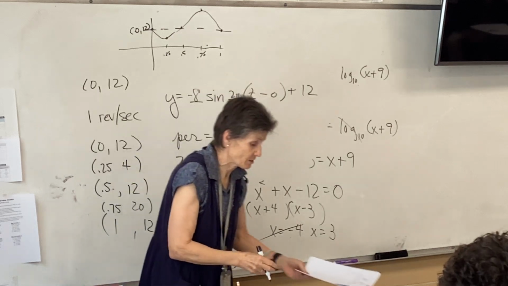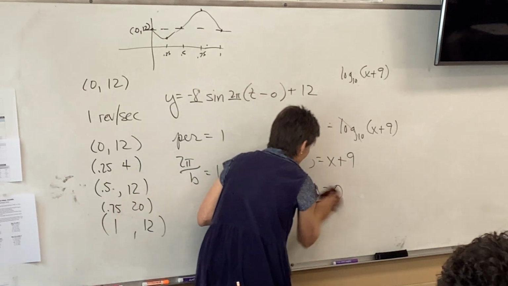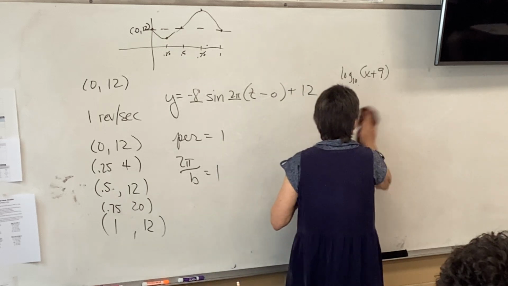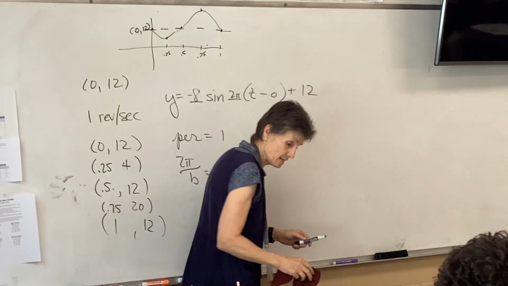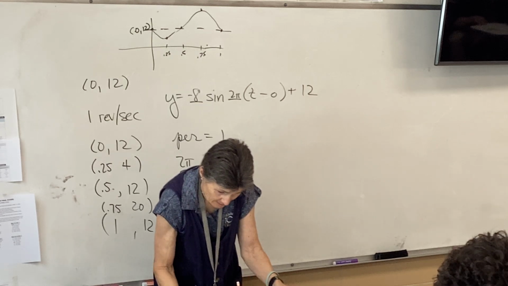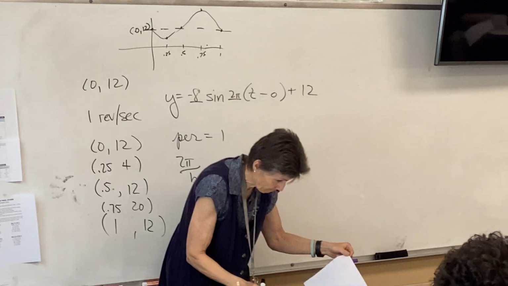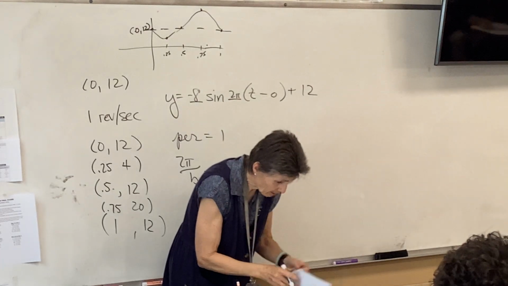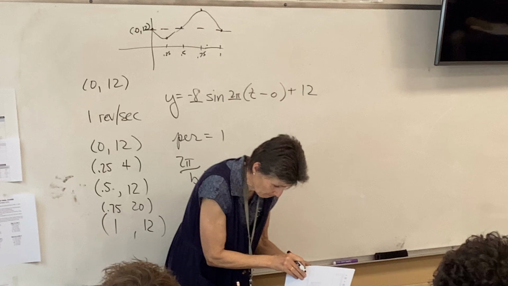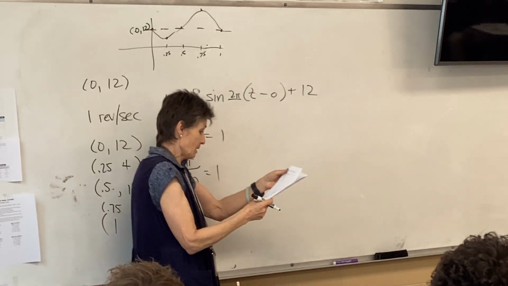Anything else that you found in the multiple choice? Did you do 87? 87. Let's see, 87. That would be a calculator question, wouldn't it? Yeah. I don't know, do I need a calculator for it? Let's see.